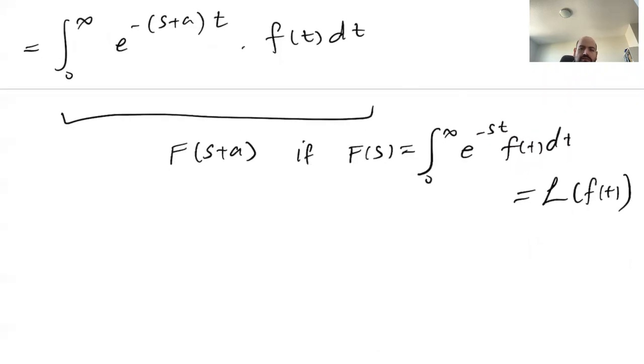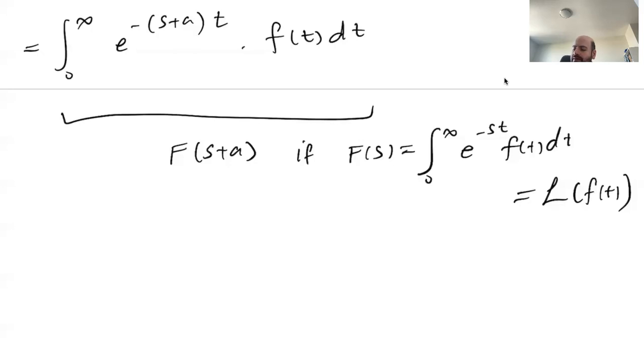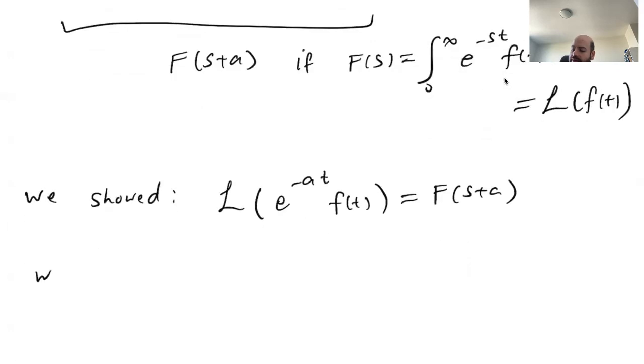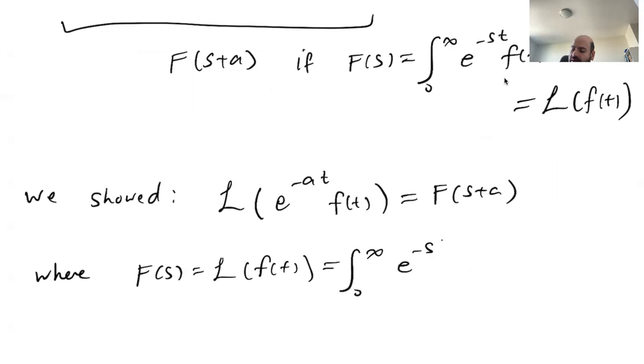So we showed that the Laplace transform of e to the power minus at f of t is equal to capital F of s plus a, where capital F of s is the Laplace transform of f of t, and it's defined as the integral from 0 to infinity of e to the power minus st f of t dt.